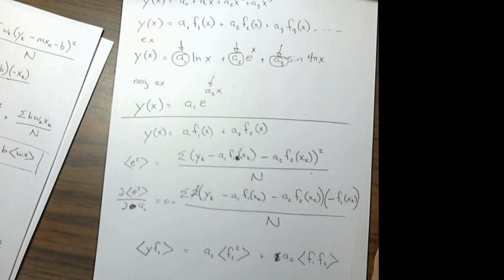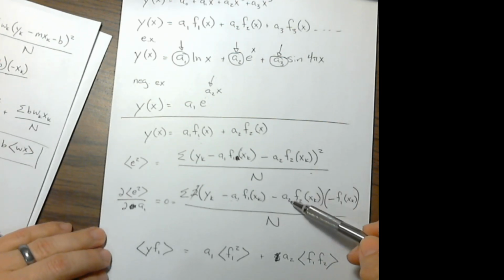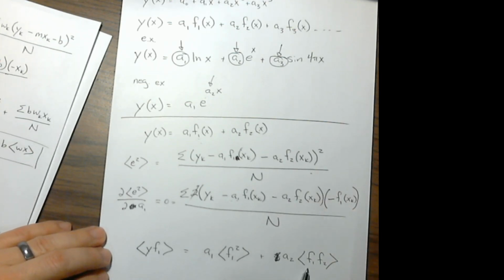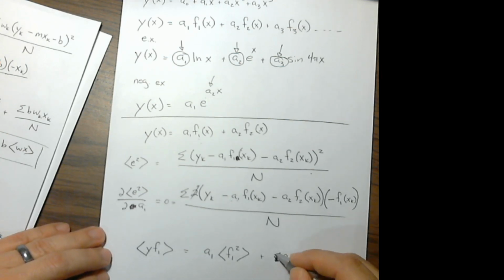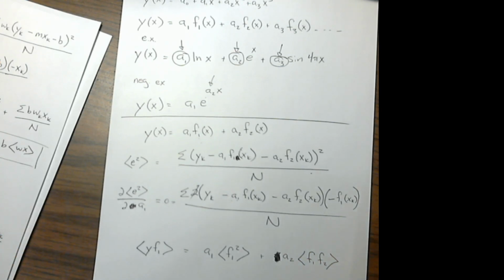Okay, and you just have to repeat that again for A2, but I bet you can figure out how that's going to turn out. It's going to look very similar, except the coefficients 1 and 2 will be flipped. And you get a system of equations that's totally solvable. So this is quite general.